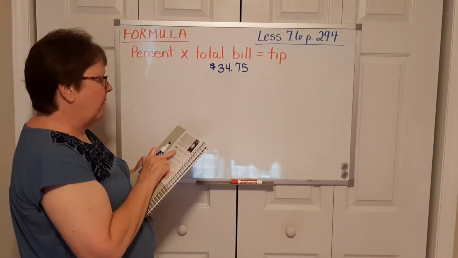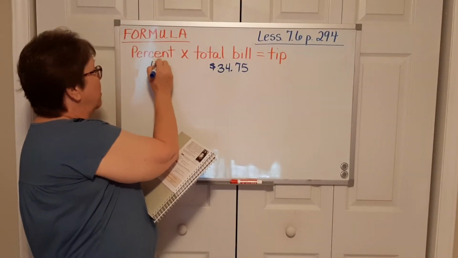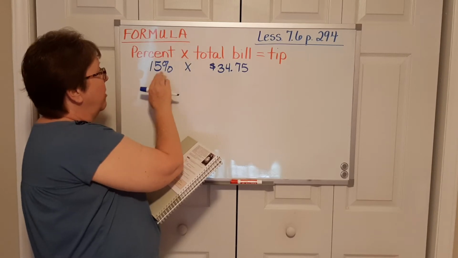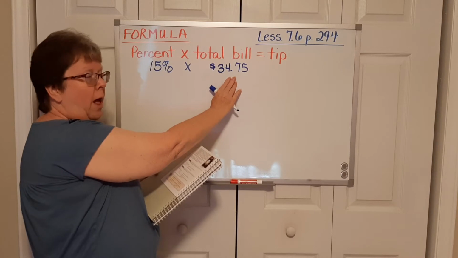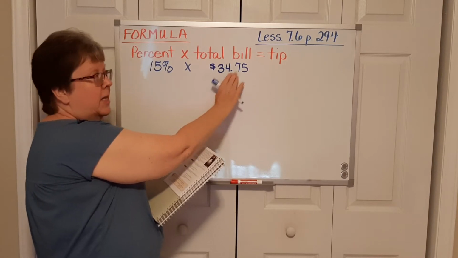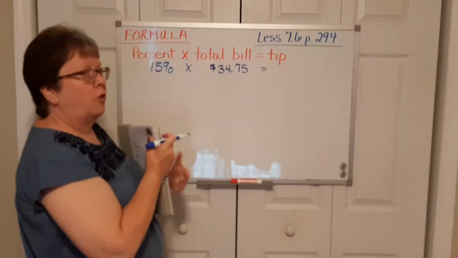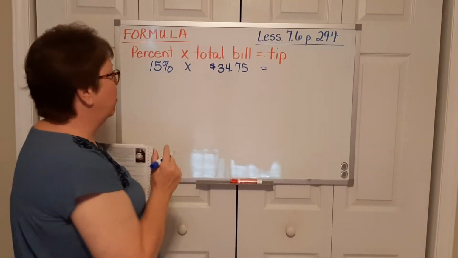And you want to leave a 15% tip. Well, here's percent. So you would take your 15%, multiply it by your bill, $34.75, and that will give you the amount of the tip. Okay? Just remember, make your percent into a decimal before you multiply.